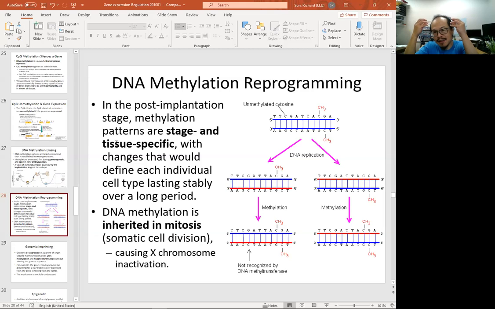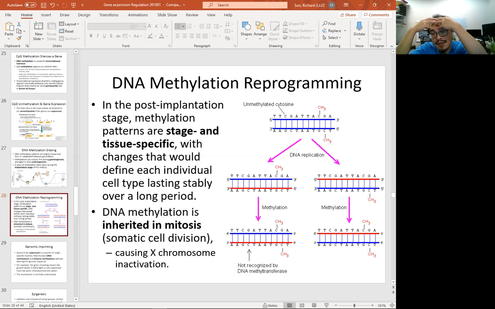If it's a brain cell, we don't have the brain cell here, but if it is a brain cell, their methylation is going to be very different from the methylation in the heart cell. And the brain cell, the very first one, has the methylation, and that methylation will carry over to their daughter cells. And so we have a group of cells in the brain.